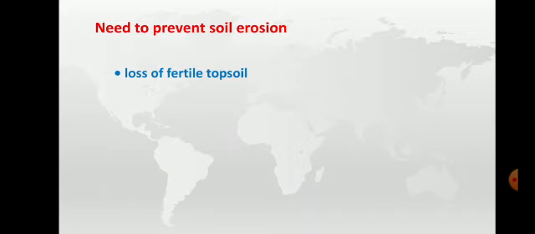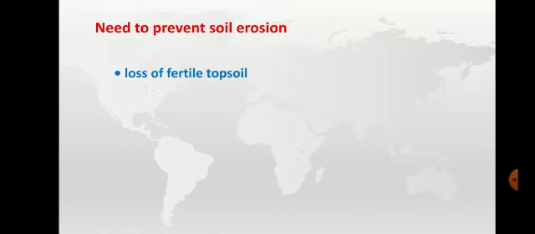The mineral nutrients from the upper surface are lost in soil erosion. Soil fertility and agricultural productivity are lost due to the loss of fertile topsoil.